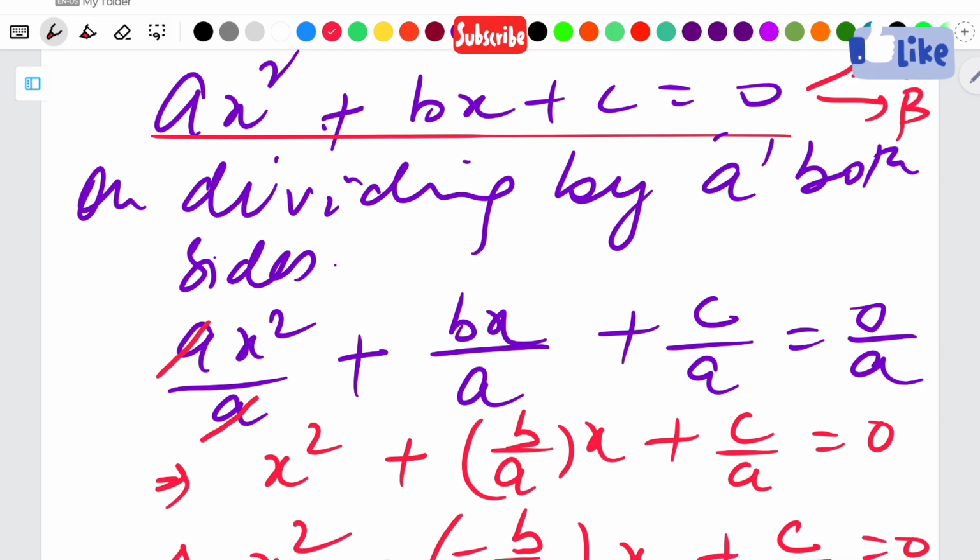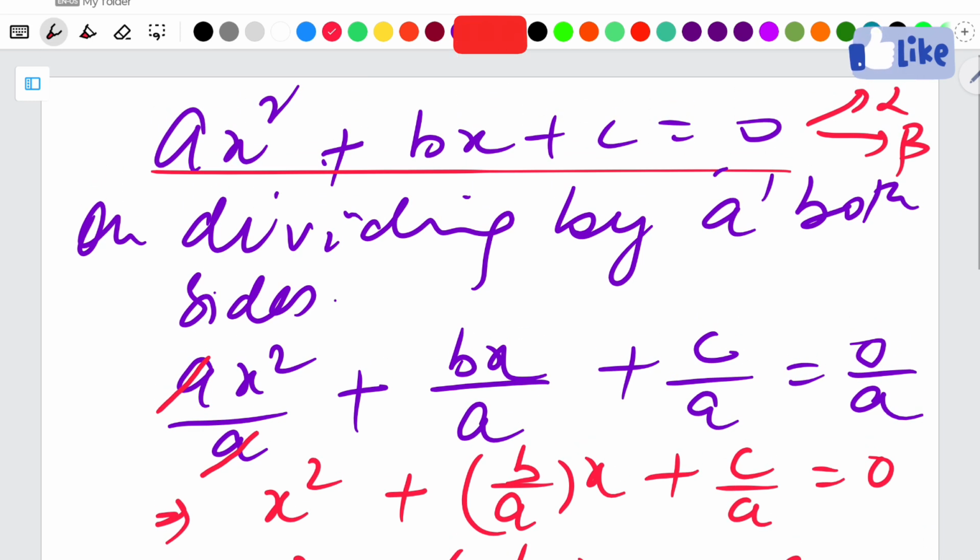So both the quadratic equations are the same, so you can compare the coefficients. What do you mean by that? You can compare the coefficients of x square. So coefficients of x square will be equal to each other of both the equations. Similarly, coefficient of x will be equal to each other of both the equations, and the constant term will also be equal to each other.